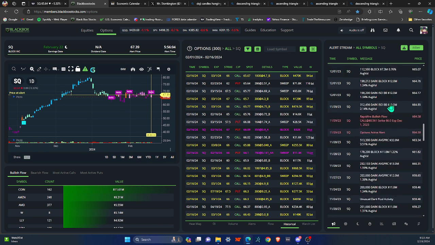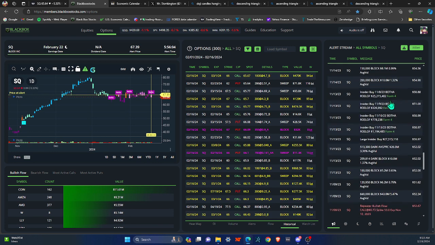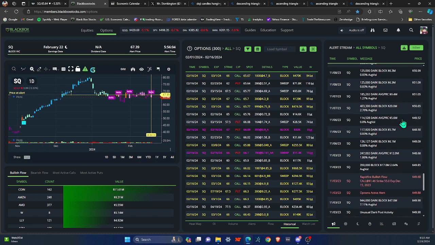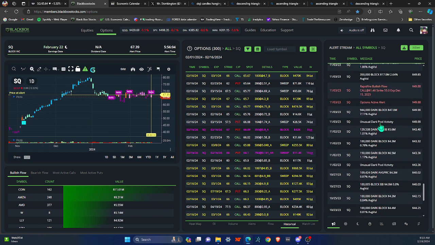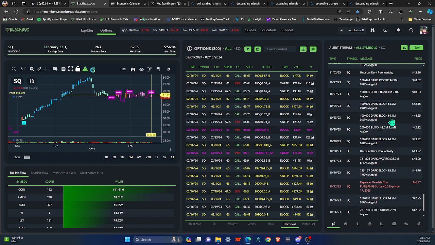This 68, 67 area looks pretty good for dark pool. Keep going. Some insider buys back in November. So there's a good one back in the 49.90 area.